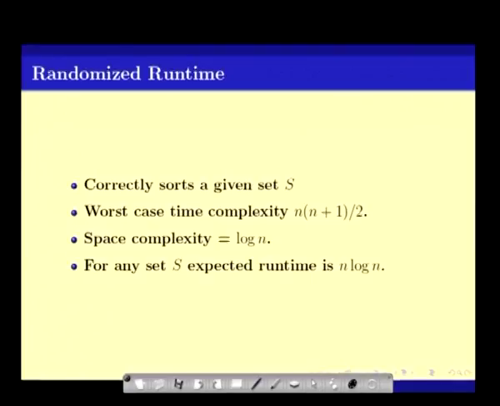Although quicksort in terms of worst case analysis is no better than insertion sort, in terms of expected running time quicksort is much superior to insertion sort.